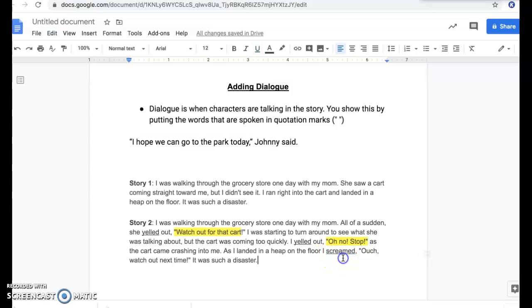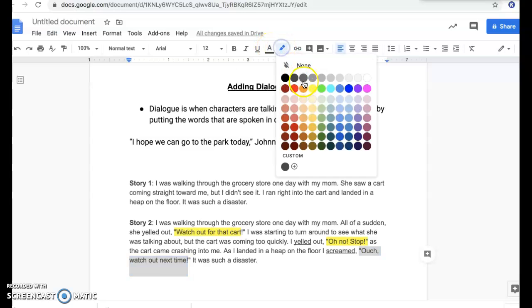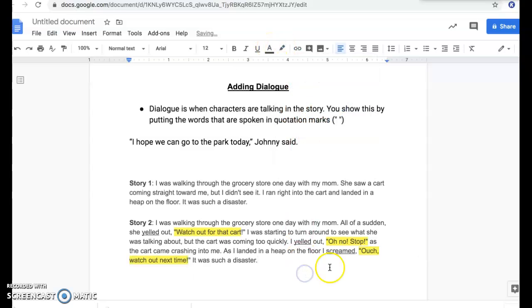The word screamed really shows you that this person was probably in pain, right? And that it was a significant thing that happened.